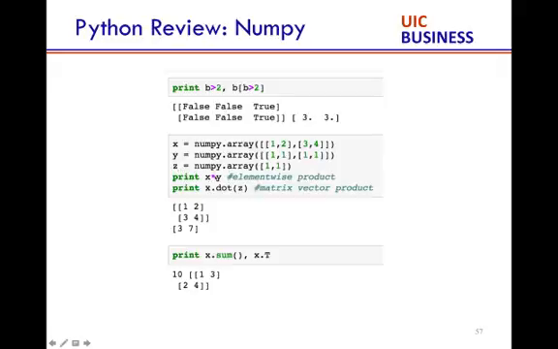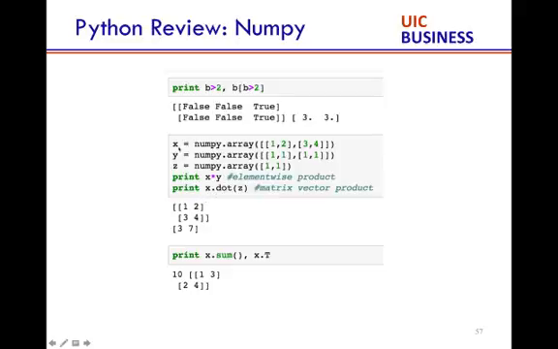So if I do x star y, where x is a matrix and y is a matrix, x star y is going to do element wise multiplication, right? So it's going to multiply 1 with 1, 2 with 1, 3 with 1, 4 with 1. So it's the same thing.